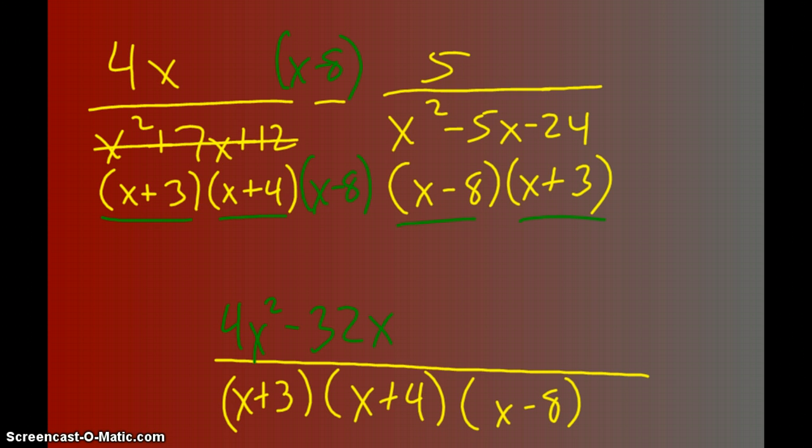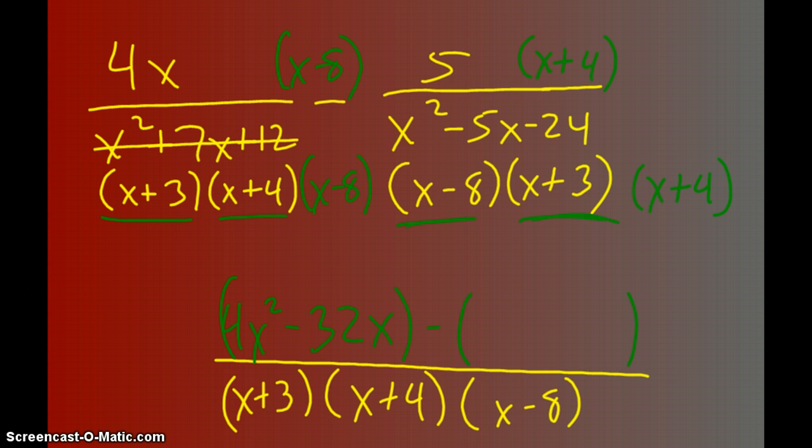And now, this is a subtraction problem, so we said we always treat the tops like they're in parentheses, so we make sure we combine our like terms correctly. In our second fraction, I've already got the x minus 8 and the x plus 3. The x plus 4 is missing. So I multiply by x plus 4.